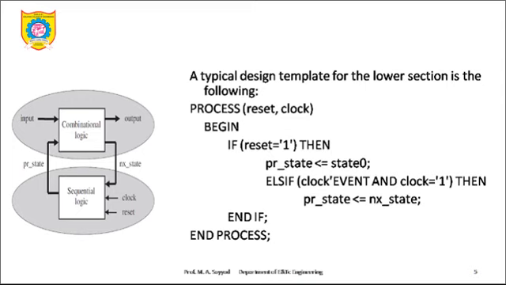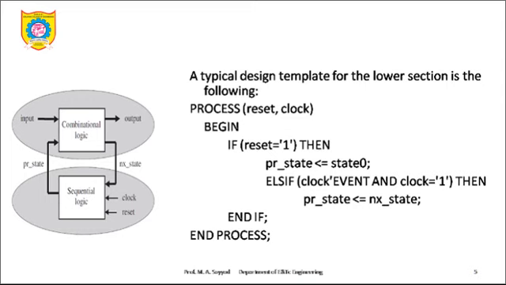The working of the lower part is very simple. Whenever there is a rising edge of the clock, the calculated next state will become the present state. A very simple working. And if a reset is applied, you have to move your machine to the initial state.